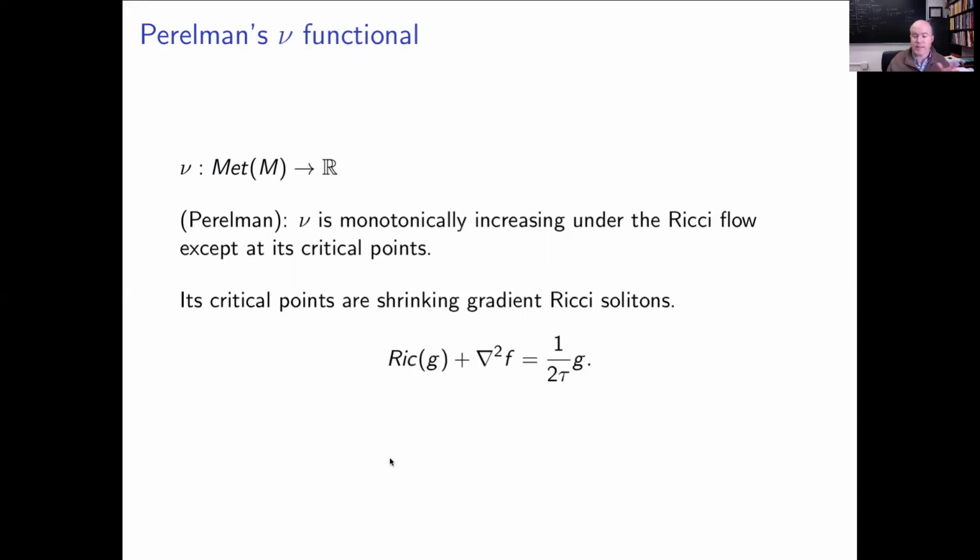And the critical points are exactly what are called gradient Ricci solitons. That's exactly where there's a function f on your manifold so that the Ricci tensor plus the Hessian of f is a multiple of your metric. Einstein manifolds, of course, correspond to f being 0, and this term drops out, and you get Ricci as a constant multiple of your metric.